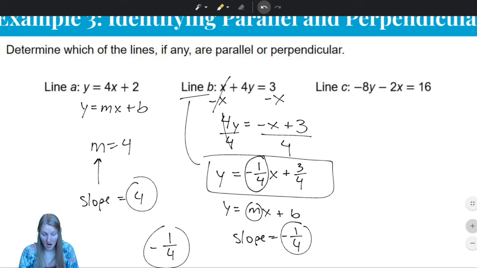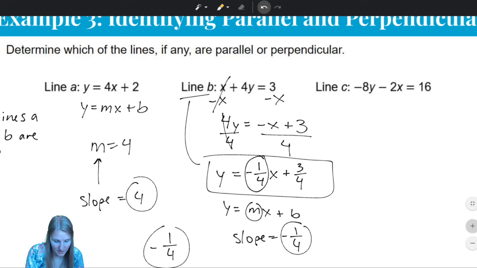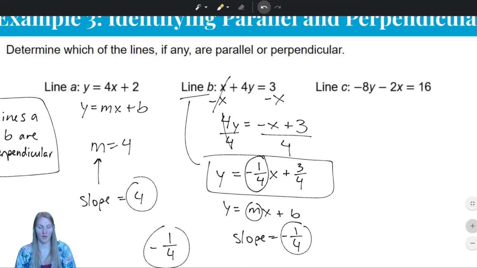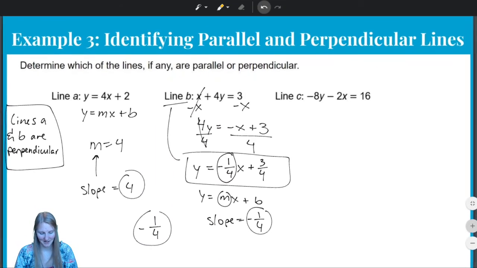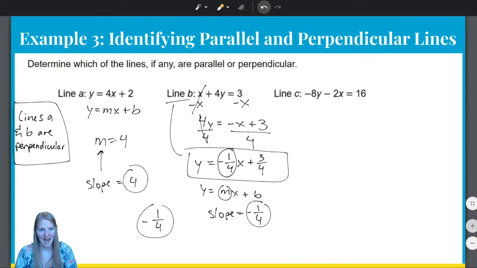So we know lines A and B are perpendicular. We know that. Cool. Oh, whoops, I'm zoomed in too much. You can't see it. Sorry about that. Lines A and B are perpendicular.